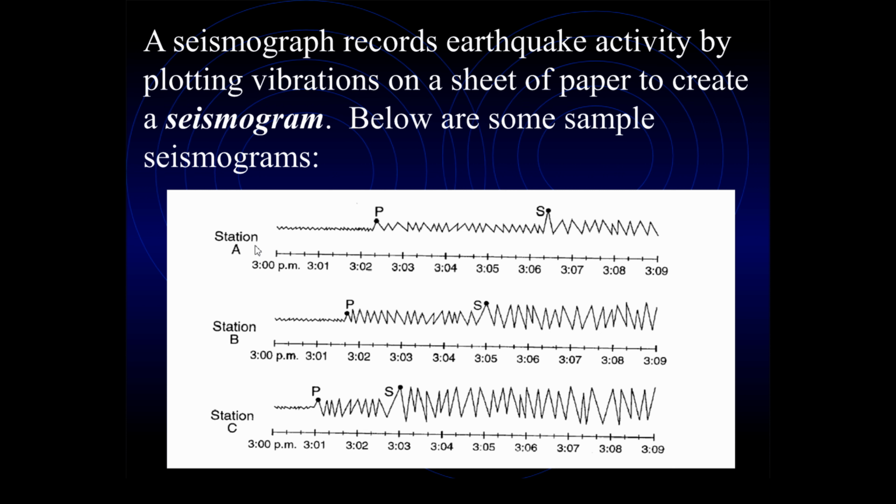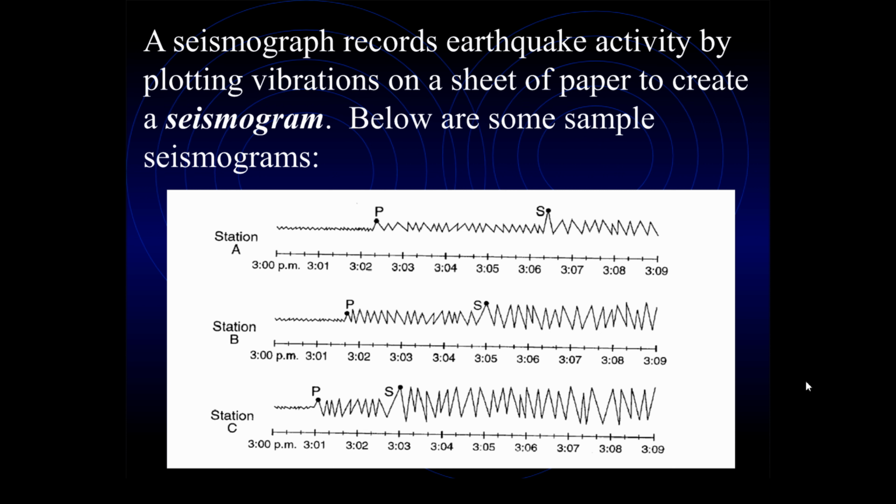The machine is going to draw this line until it actually detects the first seismic wave, and then it's going to have the spike, and you're going to have these bigger zigzags. So this is your P wave showing up. Remember that the P wave travels faster than the S wave. So the first one is the P wave, and then you get a larger spike when the S wave gets there, and then you have these larger zigzags here.